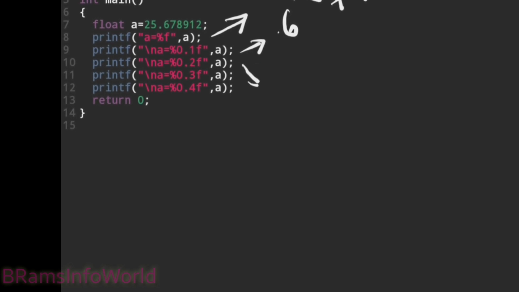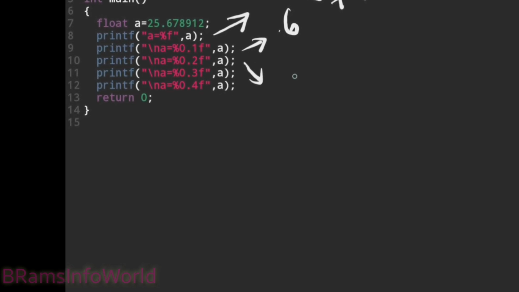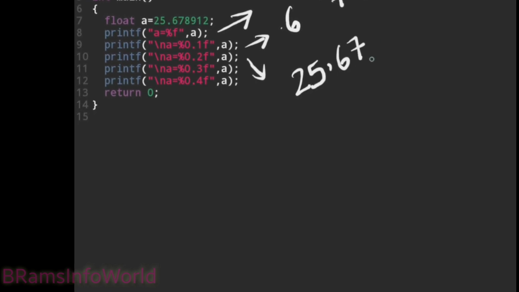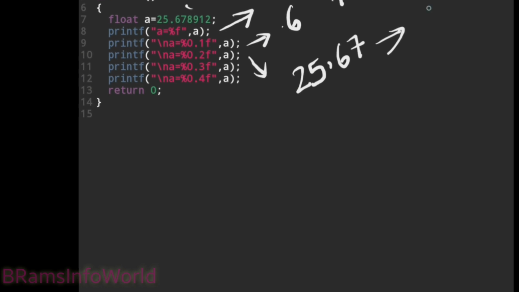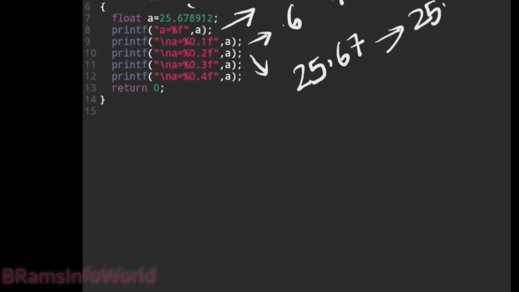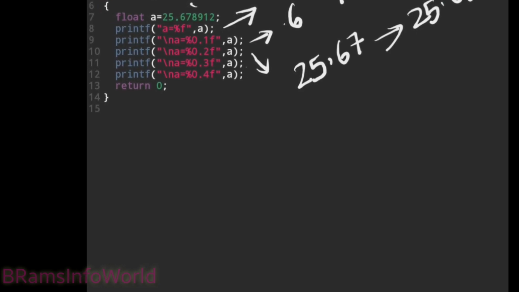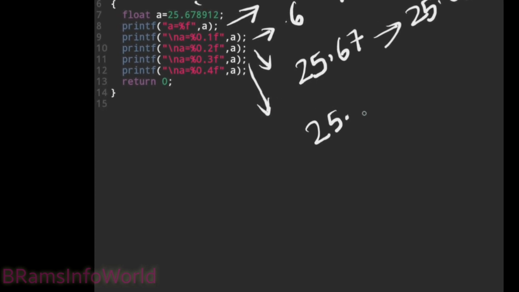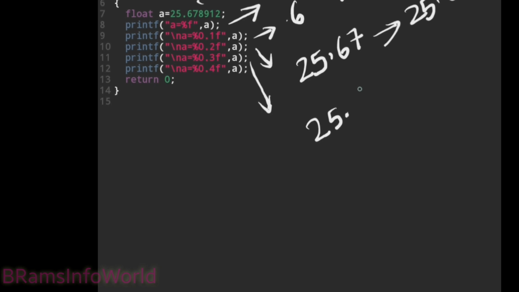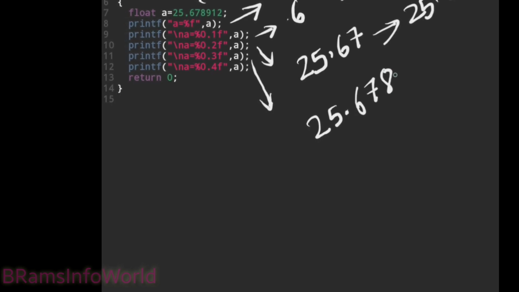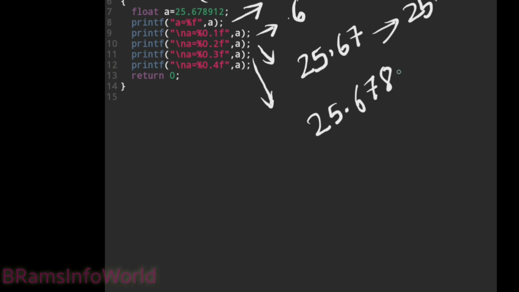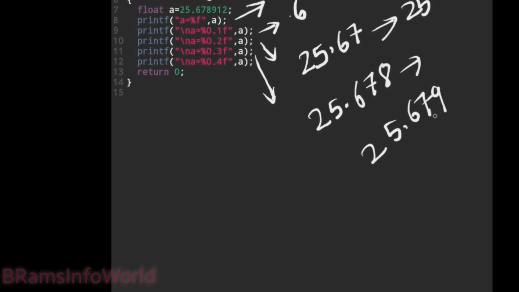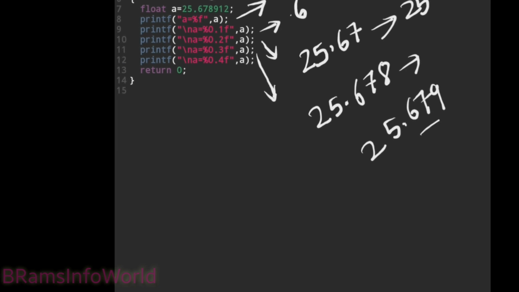Next, %0.2f means 25.67, but after 7 the value is 8, so 25.68. Next %0.3f: 25.6, 7 and 8, and after 8 we have 9, so the expected output is 25.679, which is 3 decimals.